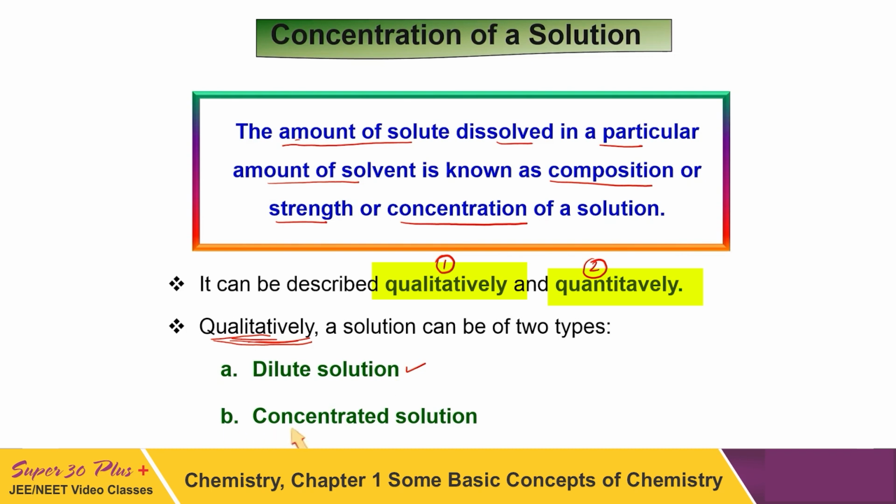And the other one is concentrated solution, in which concentration is high. So if the concentration is high, it is concentrated. If it is low, it is diluted. And this is the qualitative aspect. You can bifurcate the solution in two parts on the basis of the amount of concentration, that is the qualitative aspect, right?